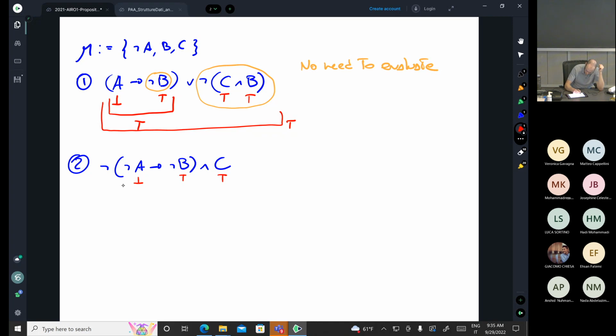So not A is true, and so we need to check what happens here.